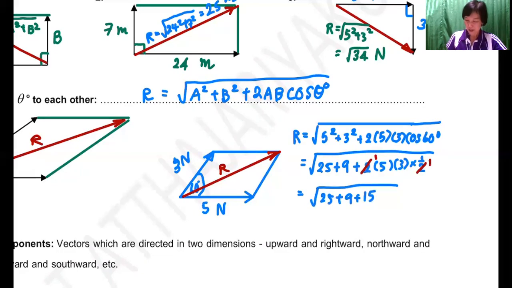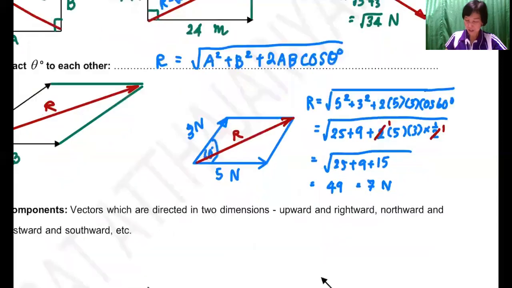How much is it? It is 34 plus 15, or 49. Or 7 Newton. Okay, that's all. Am I correct? Yes, because 25 plus 15 is 40, 40 plus 9 is 49. Finally we got 7 Newton.